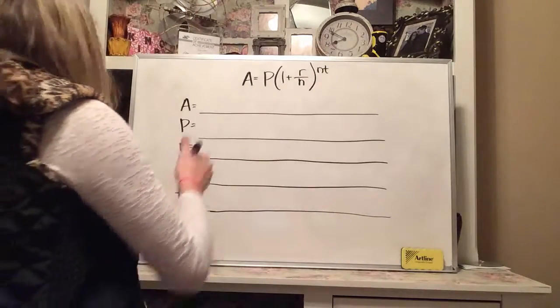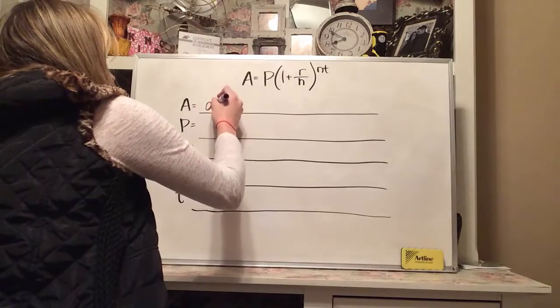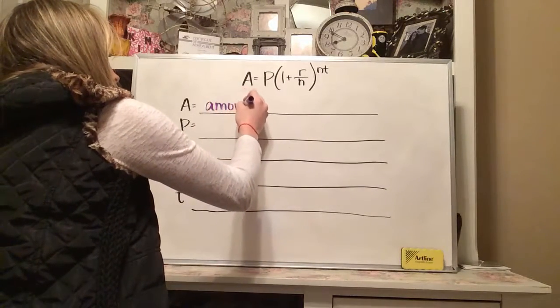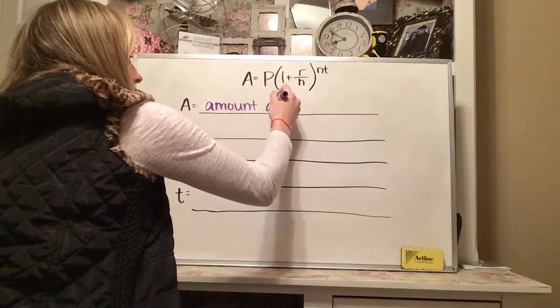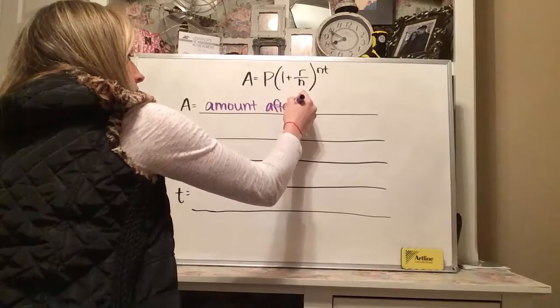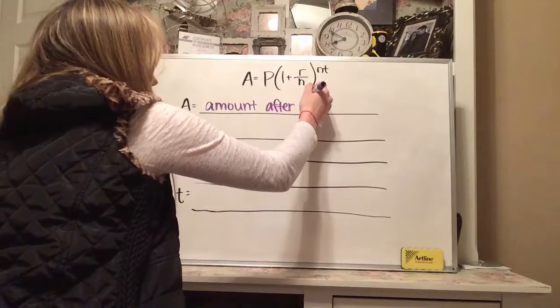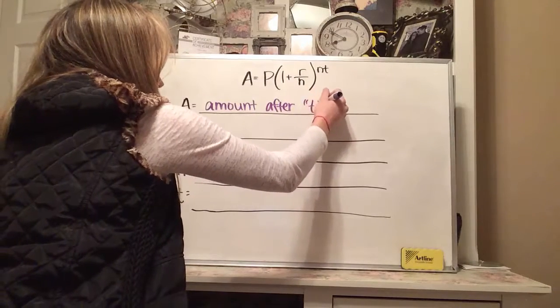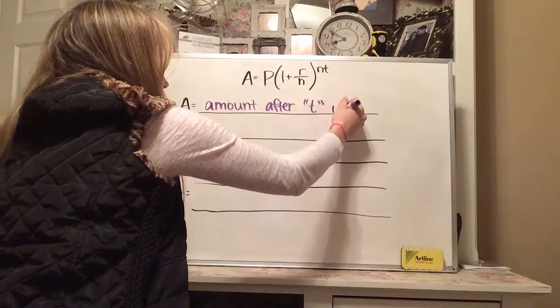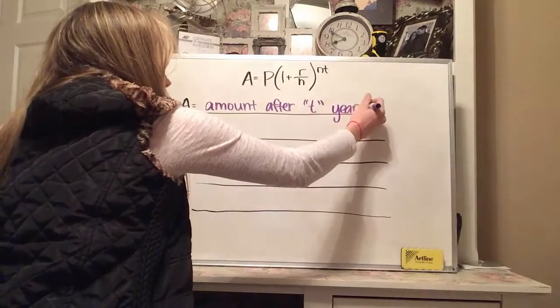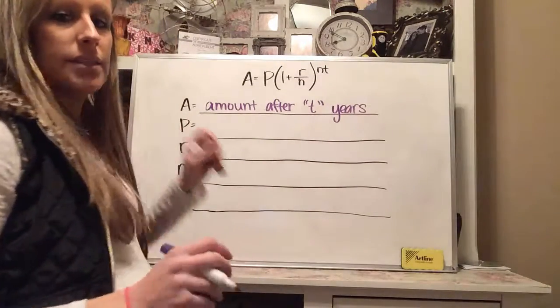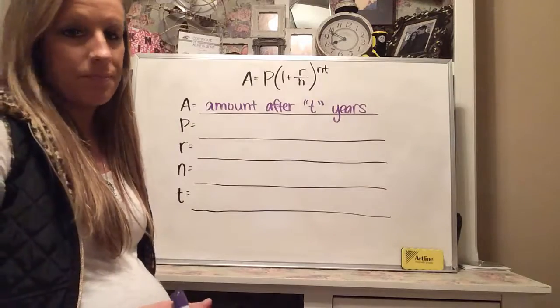Okay, the A represents the amount after T years. So that's why we give it the letter A. It's the amount after a certain time.